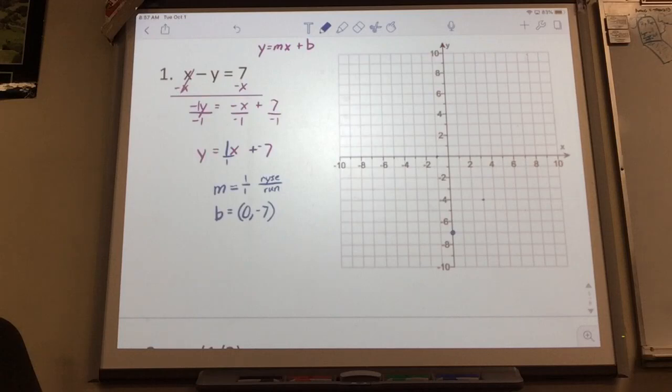Ordered pair, you run first. On a slope, we're going to rise 1, run 1. So rise 1 from that original dot, run 1. So we're going to end up on that second spot. We can continue to do that over and over again to get more dots, but we only need 2 to create a line. So rise 1, run 1. And there is our graph.